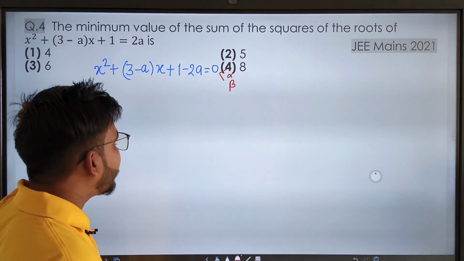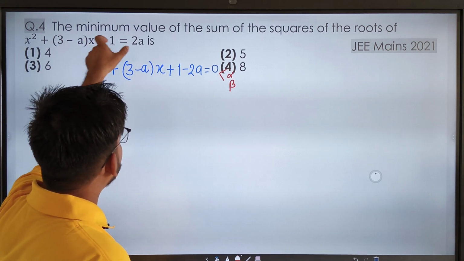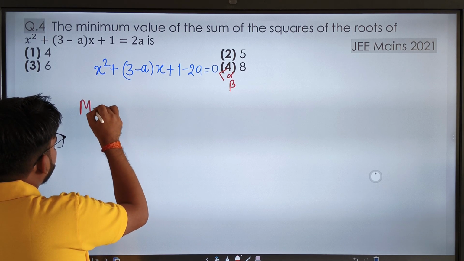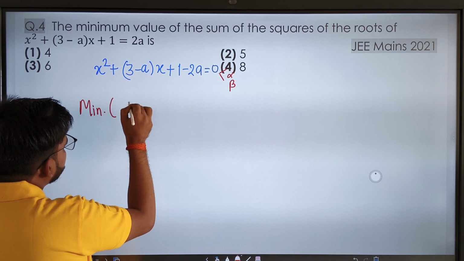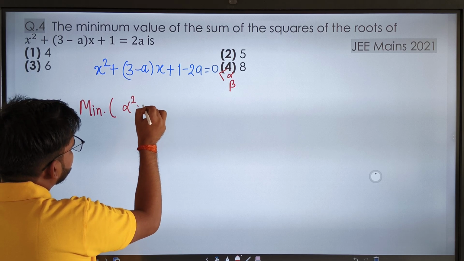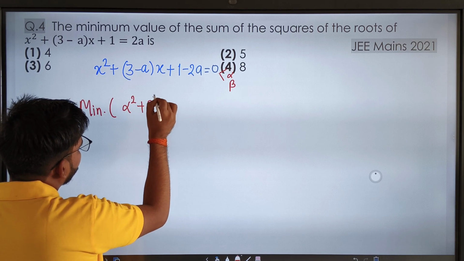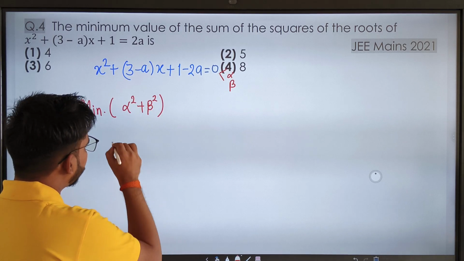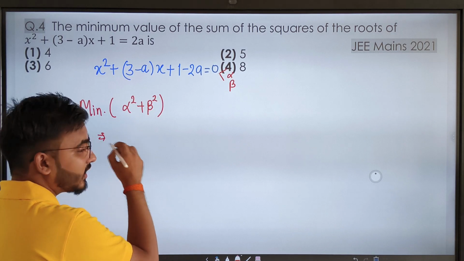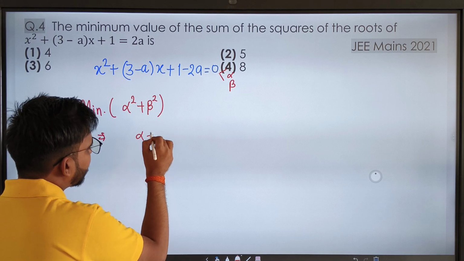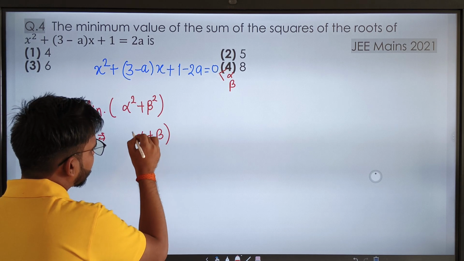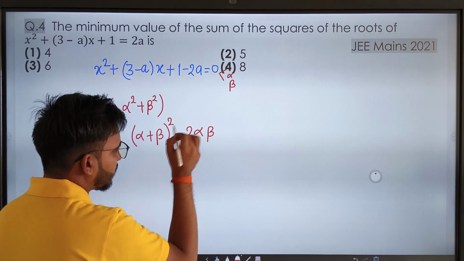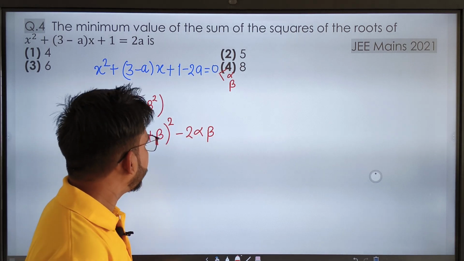Basically we need to find out the minimum value of the sum of squares of roots, alpha square plus beta square. So can I write this alpha square plus beta square as, we saw in the last problem, (alpha plus beta) whole square minus twice of alpha beta.